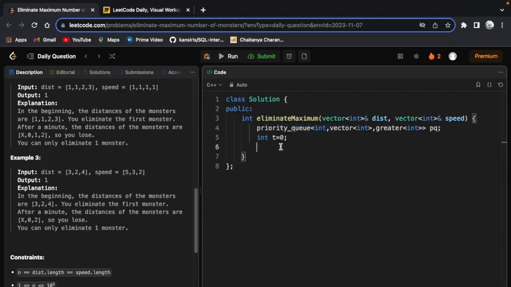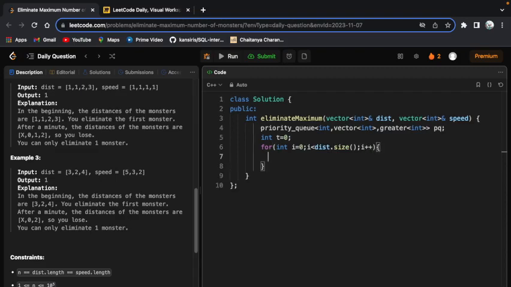We are going to insert distance by speed, that is the time required by the monster to reach the city. So for int i equal to 0, i less than distance.size(), i plus plus, and then inside of pq, what am I going to push?